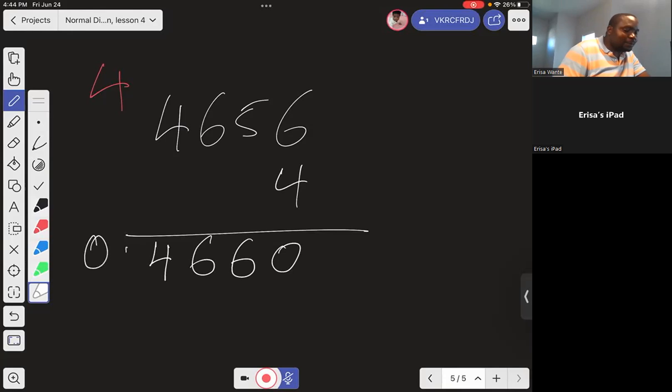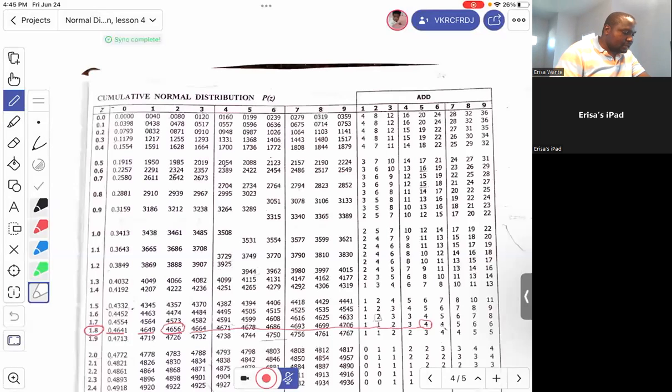It is always 0 point, but because the person printing this book wants to conserve space, you will not see a point on these other values, only on the first place of decimal and the second place of decimal, which is 1 point whatever. There will be a decimal point appearing here, but you will not see it on these other values. All of them have a decimal point, that's what you have to know.